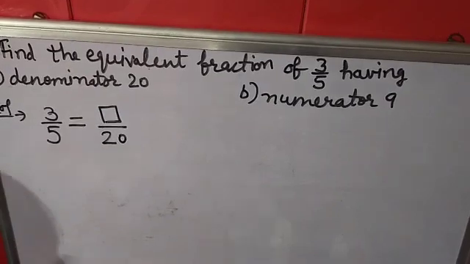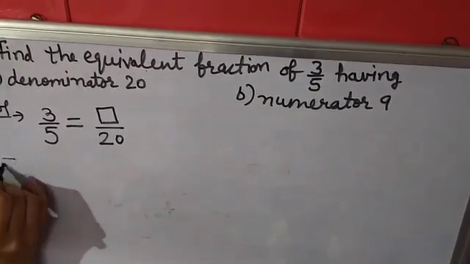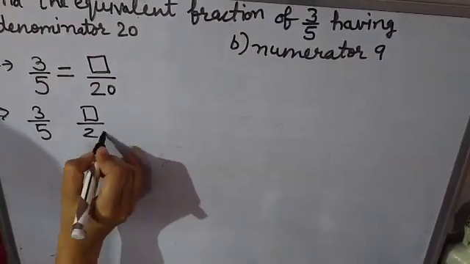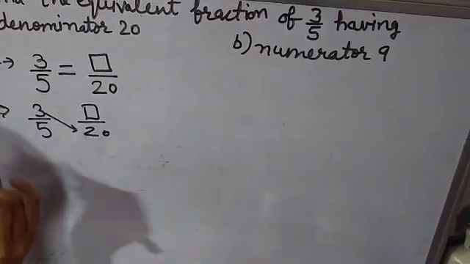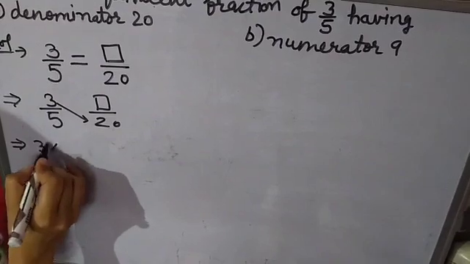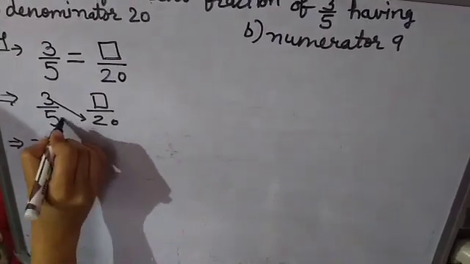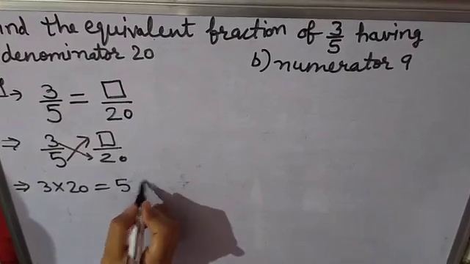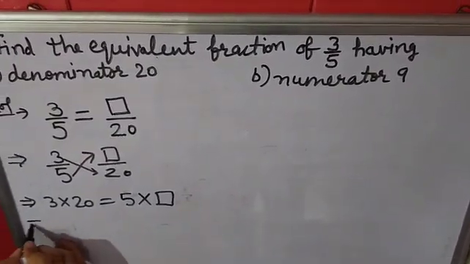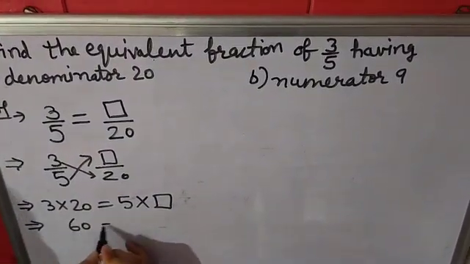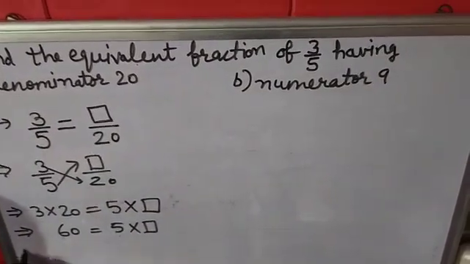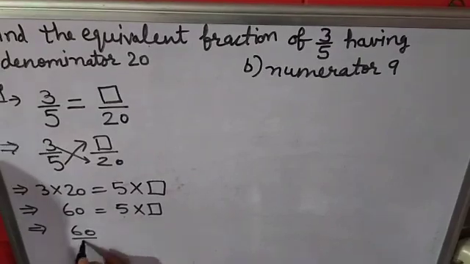Same method we will use that we did in the third question. Write again. Do cross multiplication. 3 multiply 20 is equal to 5 multiply box. So it will be 60. 5 is here of multiply, it will go there, it will be of division.